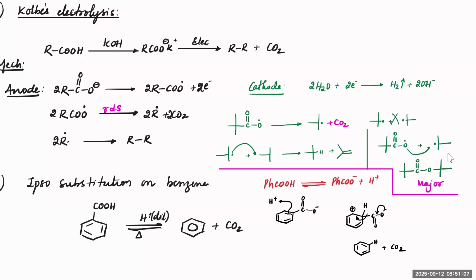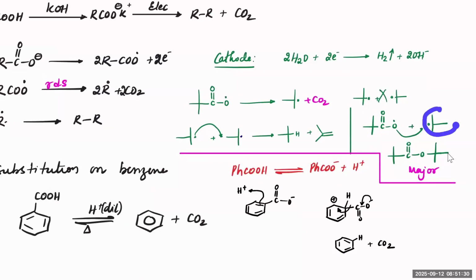Instead, there are two reactions that can take place. One, instead of termination this way, here I have a dot. This dot can take H dot, converting this into a double bond. So one will become butane, the other one will become butene. But this compound is also not observed as major. You know what is major?